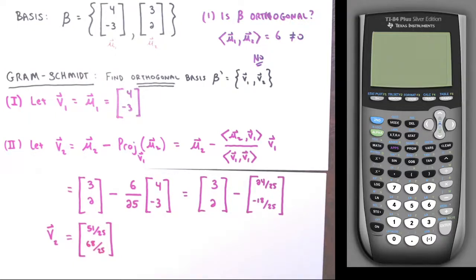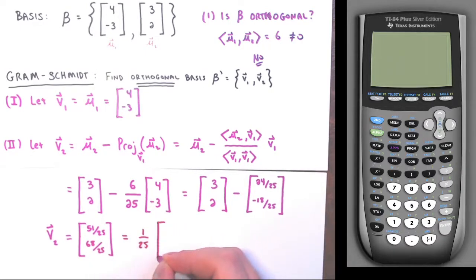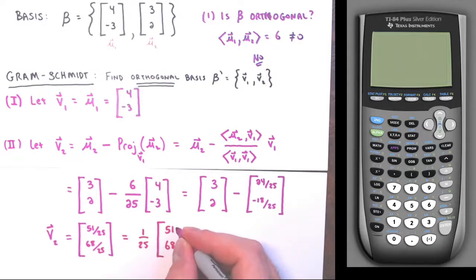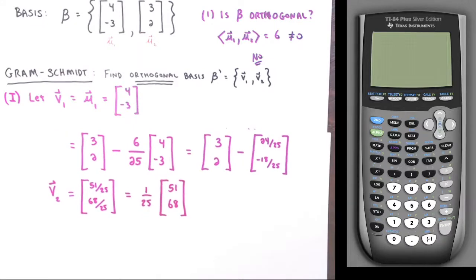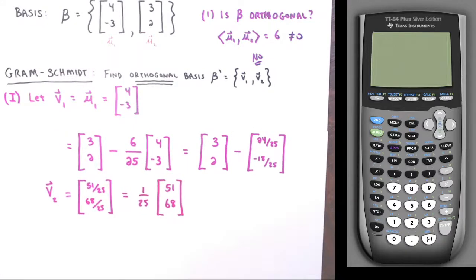Which, if you'd like, I'm noticing that both of these have 1/25th in common, so I'll pull that out. 1/25th times the vector 51, 68. Right. So there we have it. Here's our orthogonal basis coming from this Gram-Schmidt process.